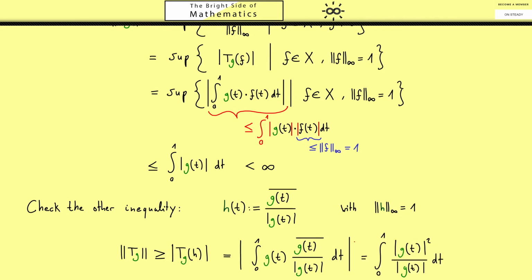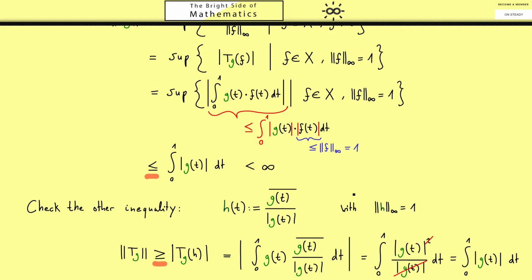We can omit the absolute value outside because everything is positive here, and we also can just cancel out one absolute value of g(t). And then what remains is exactly the same integral as before. And now we can put both inequalities together and find out that the operator norm of the operator T_g is exactly this integral.